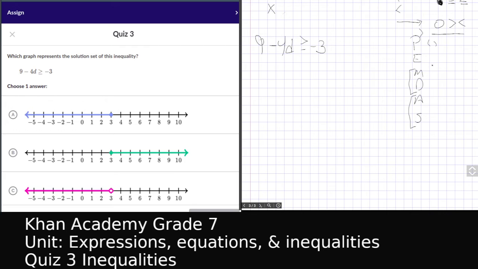It's parentheses and braces and brackets, whatever grouping you've got, then exponents, and then multiply and divide, add and subtract. And remember that multiply and divide are one step, and add and subtract are one step.